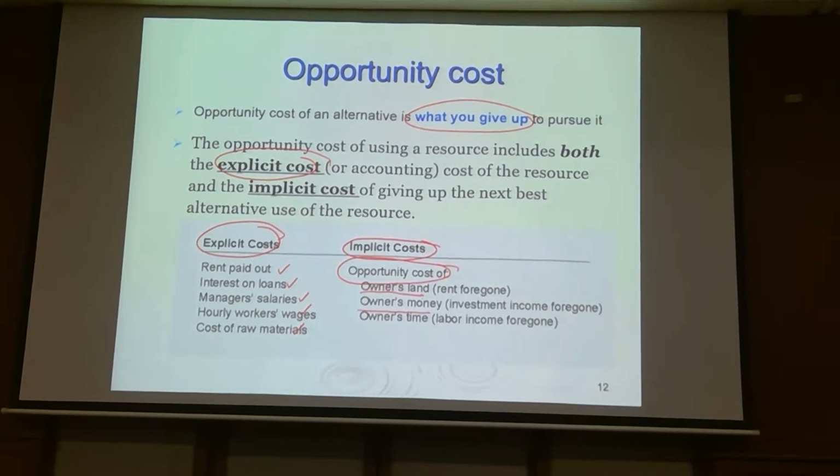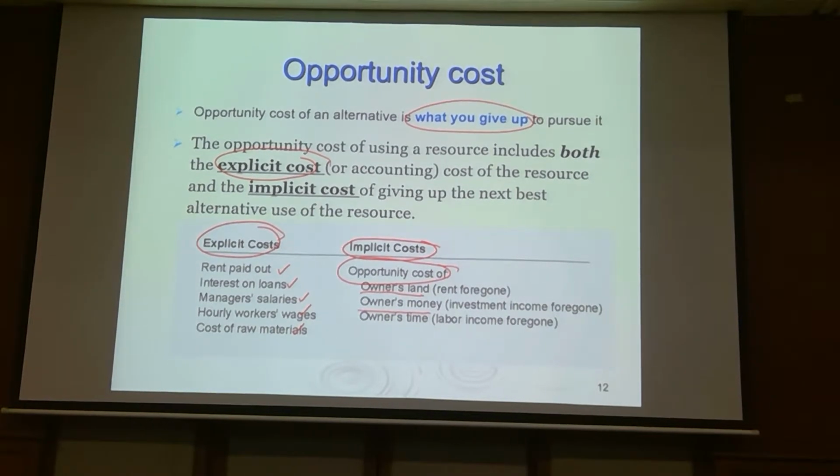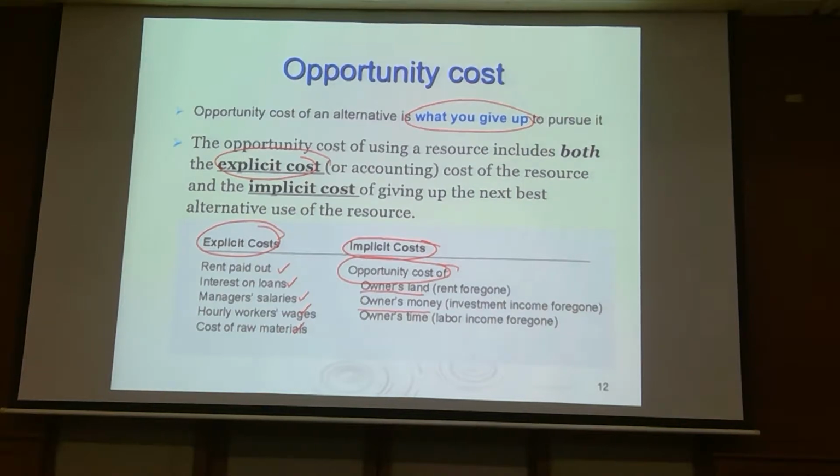We should also take into account the opportunity cost of money. We use the money to invest in this project, and we lose a chance to use the money to invest in another project, the next best alternative. So the return that we get from this money should be at least more than the return from the next best alternative. That is the opportunity cost of using the money.